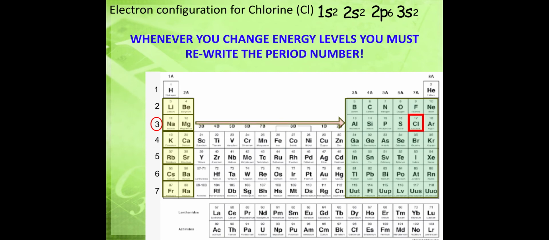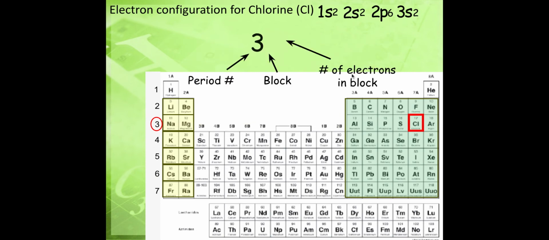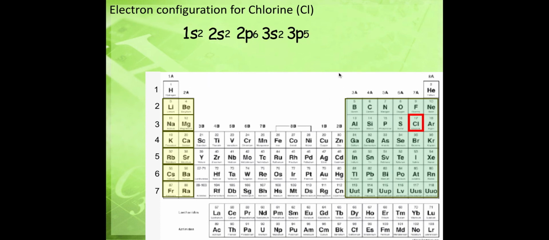So I need to rewrite that 3. I'm now here with aluminum and I count how many steps before reaching chlorine. 1, 2, 3, 4, 5. So that's where I end. So I write 3p5. And so that is how I write the electronic configuration of chlorine using the SPD notation.